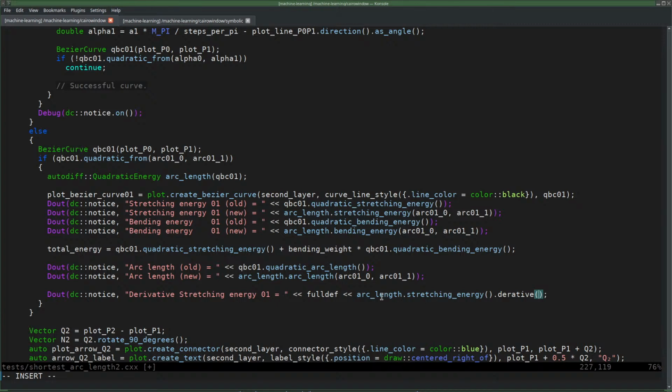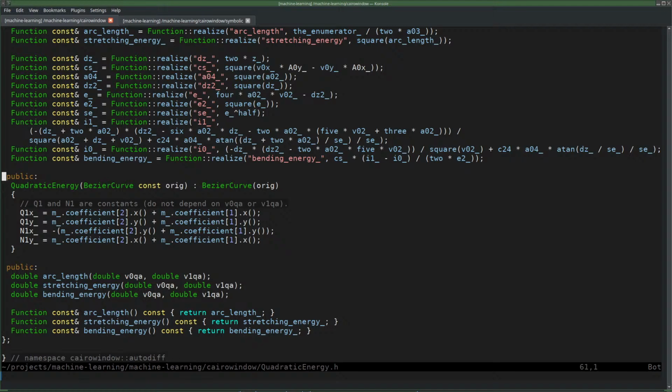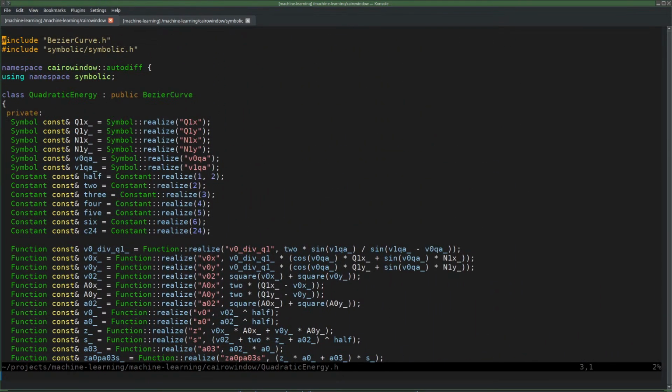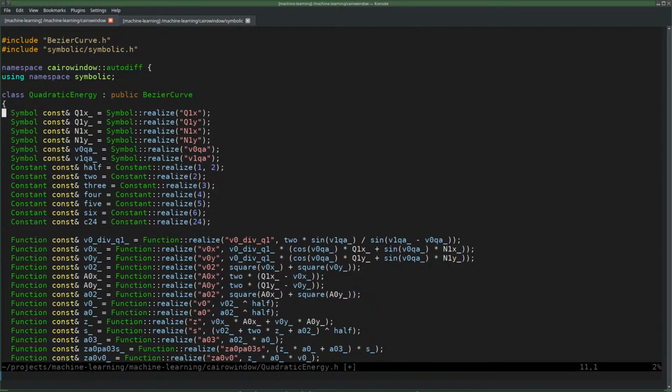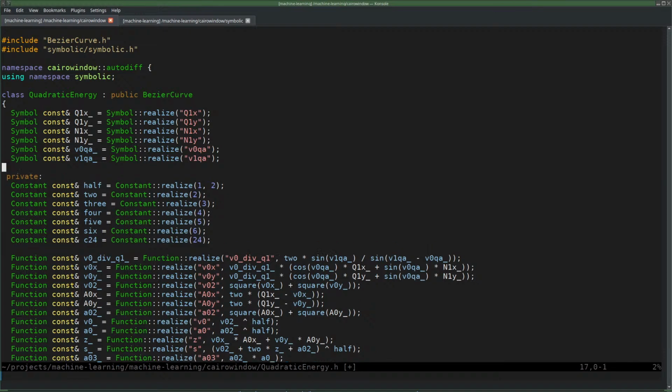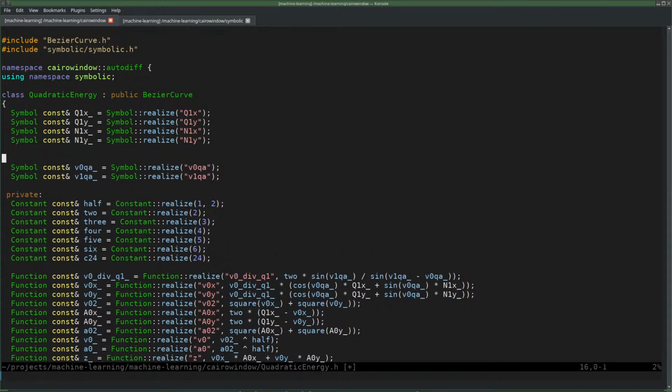You have to pass the symbol now. Arc length, that's something. Just make these things public, at least the symbols then. Oops. So derivative relative to that symbol.